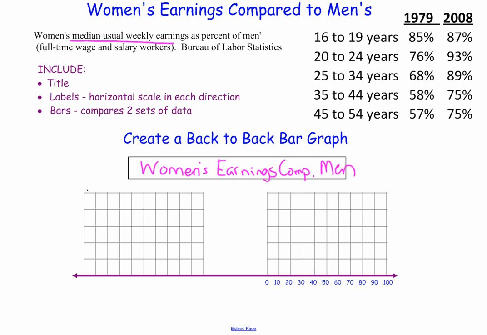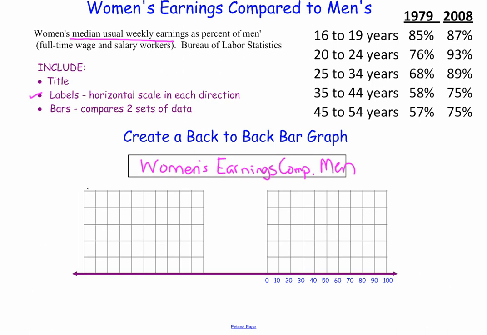You always should label your horizontal axis. I did the right-hand side. Why don't you take and do the left-hand side? Notice how I'm going to work my way to the left, getting larger as I move left. So that way they start from the inside and work outward. So label up your axis.